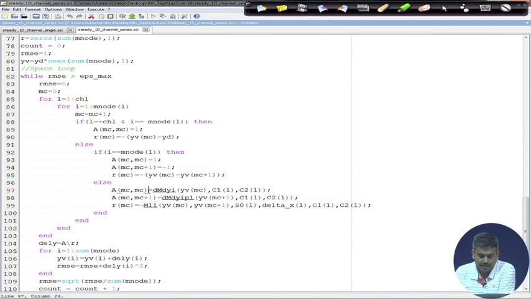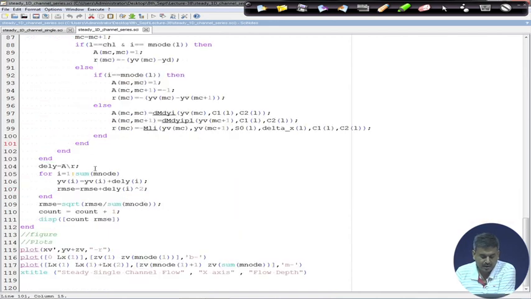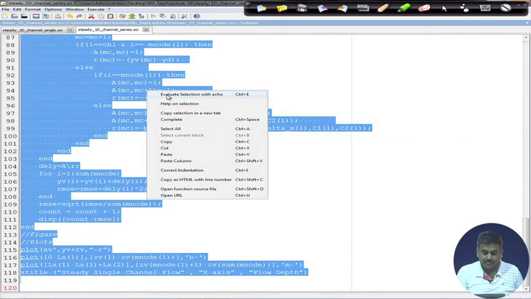So, A MC MC, this is for any general element we are considering. Now, delta y we can calculate from AR, this is for some M node, and YV again we can update and calculate the RMSE values, and finally we can get the solution from this iteration process.